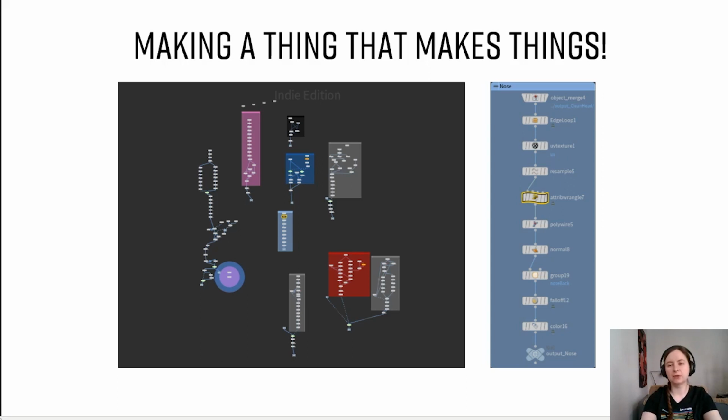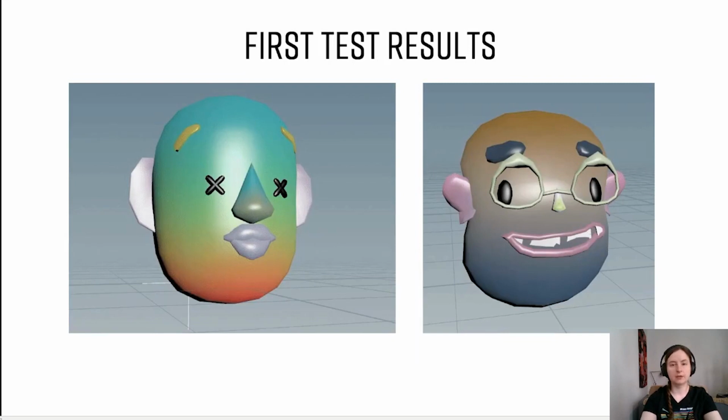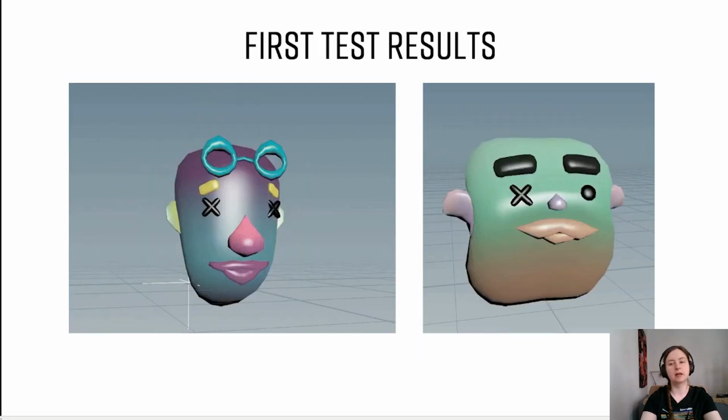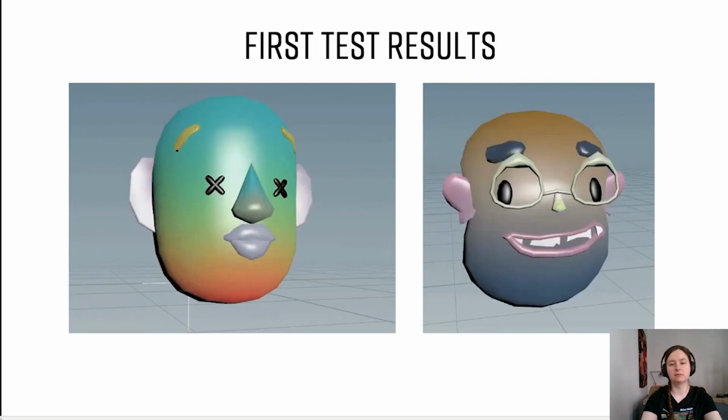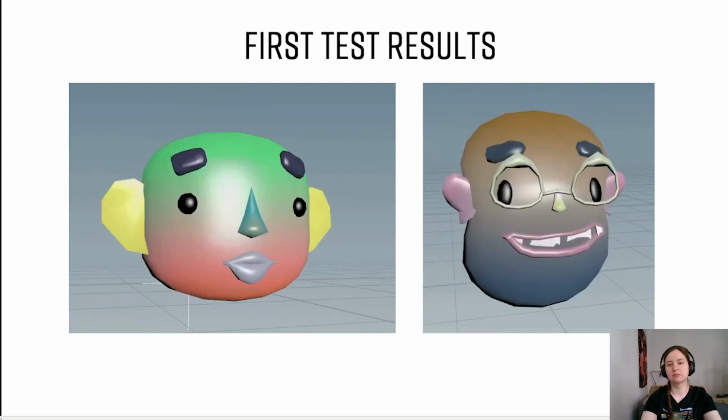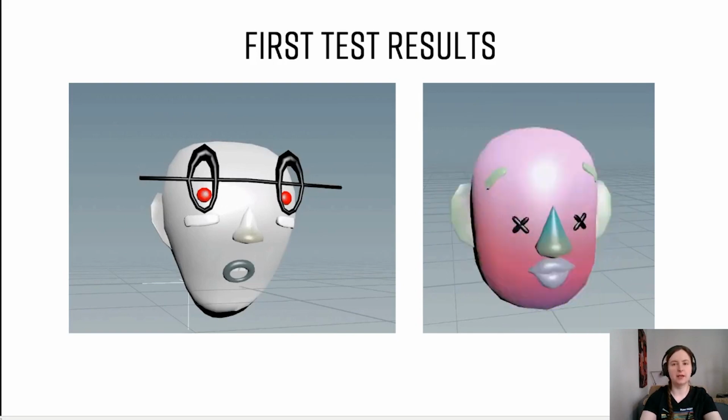But mostly we used just Houdini built-in tools, and we only used custom Python nodes and more attribute wrangles in the very end when we had to make exporters. So this is our first test results, manual generation, different colors, fun folks. Seems to be working, yay!